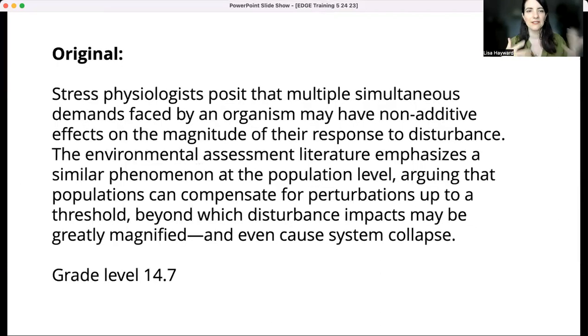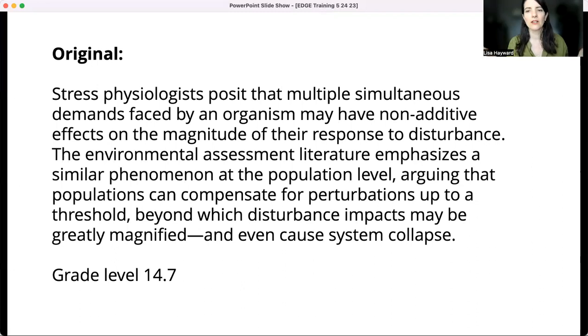So how do we do this? I have an exercise that'll give you some practice in using this tool. So I'm going to ask right now, but in a little while, I'm going to ask you to go get an abstract that you've written. It could be for a journal, it could be for a grant proposal, it could be for a conference presentation, something that you've written for an academic audience.